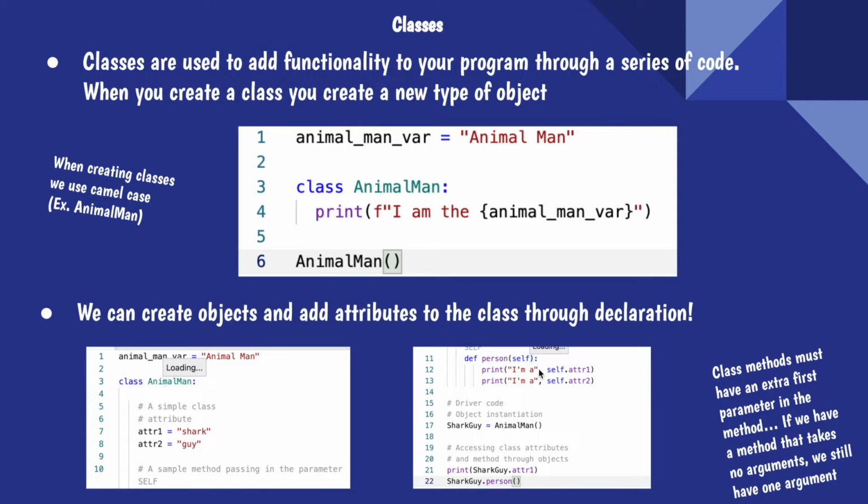Those are my two examples, and I want to mention here that class methods must have an extra first parameter in the method. You can see that we have a first parameter right here under our attribute, and if we have a method that takes no arguments, we still have one argument. Actually, I take that back. Our argument is over here: the def person self, this is our argument.